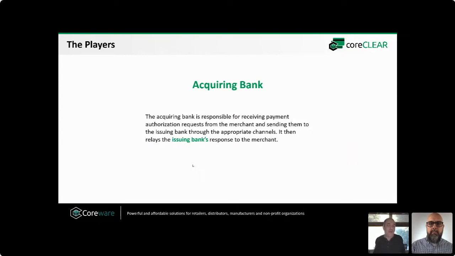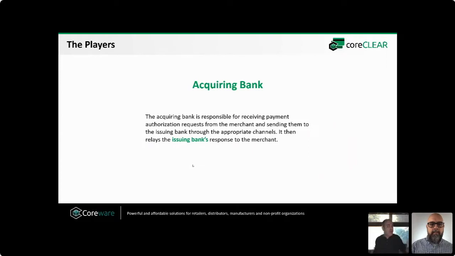The acquiring bank is the bank that receives the payment authorization request. When you process that credit card, it goes to a gateway, which communicates with the card network, Visa or MasterCard, and then to the acquiring bank that your account is underwritten with.